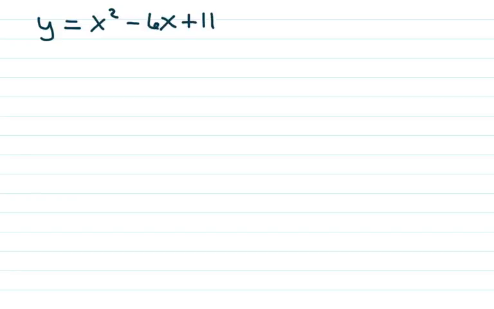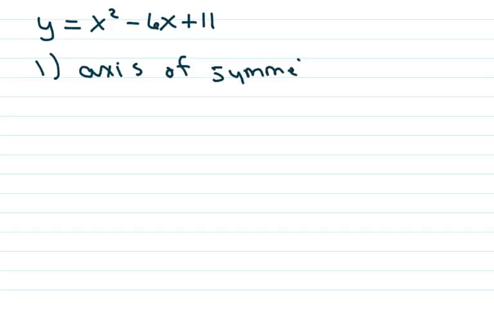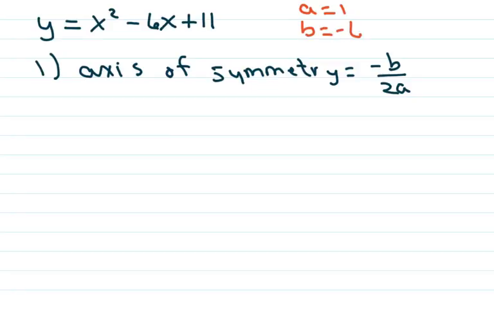So I want to find the axis of symmetry, first step, which we know is negative b over 2a. So a is 1, b is negative 6, and c equals 11.